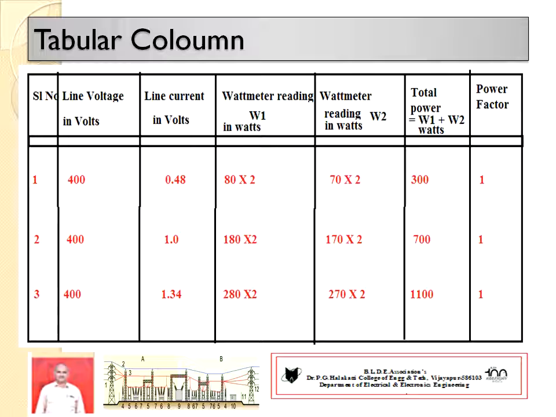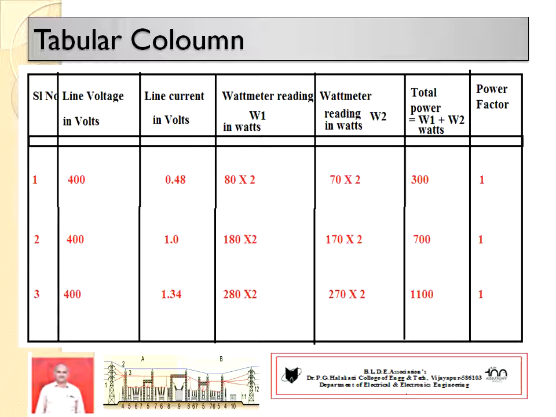Then power factor by using the formula cos phi equal to root 3 (W1 minus W2) divided by (W1 plus W2). You have to take one set or two sets of readings, entering the readings during the conduction.